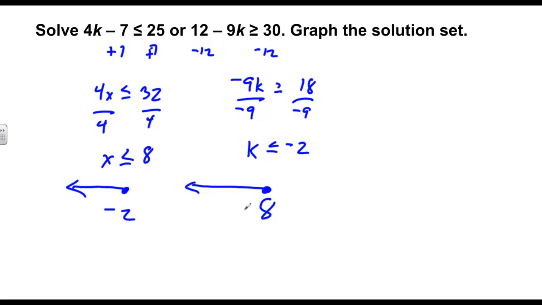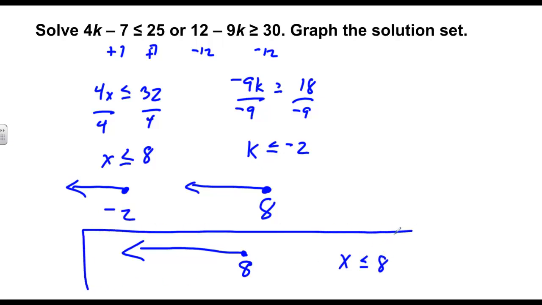So really, I can simplify this statement to 8 and an arrow pointing to the left. Therefore, my algebraic solution is x is less than or equal to 8. That's kind of a unique problem.